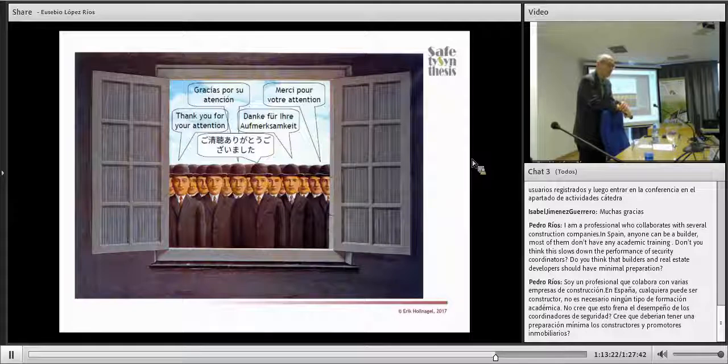Then, how can we promote this new perspective to work in another way? How can we promote this safety too?